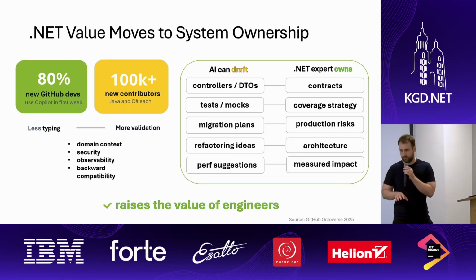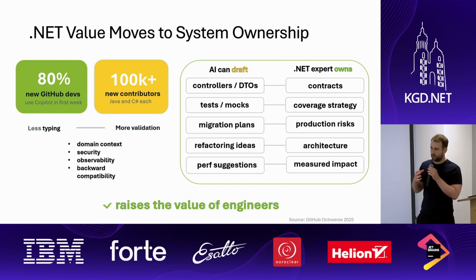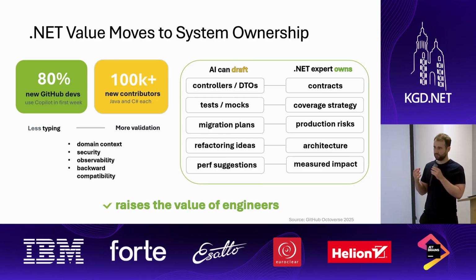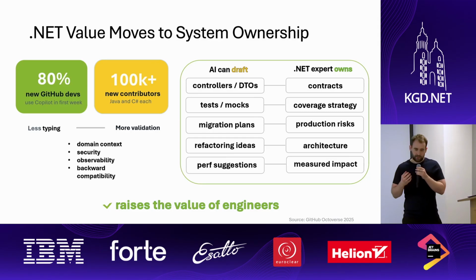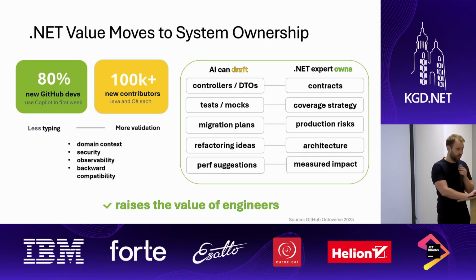But now our role is drifting to ownership, to validation, to judgment. We should measure impact and risks. We should take care of architecture. I know some of you like to write code, but the reality is changing. That raises the value of real engineers.